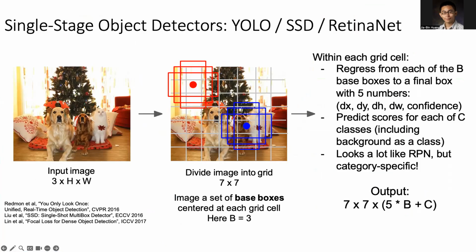Given the image, I have a feature extraction, and then every location has a feature. You just use some candidate anchors and directly predict what the box is and what the object class is. So this gives you the concept of you only look once.